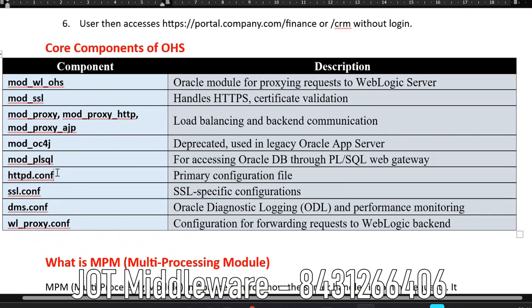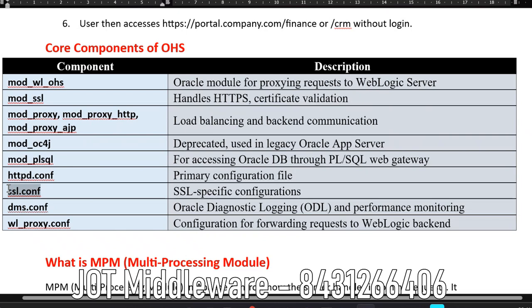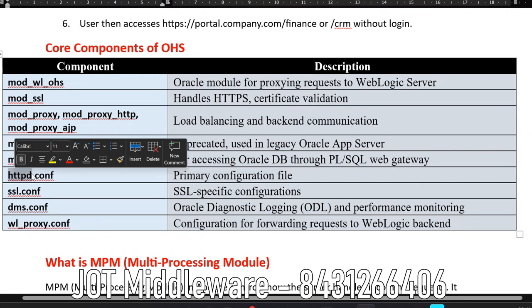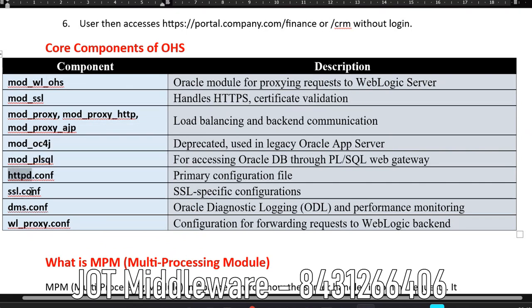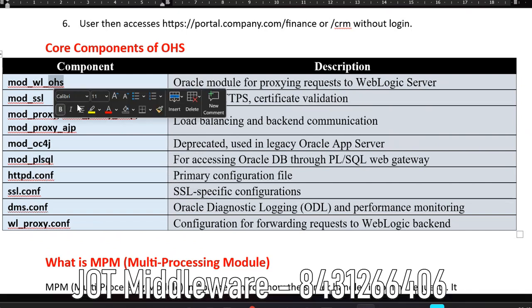httpd.conf. And in this httpd.conf, there will be references for other configuration files like ssl.conf or dms.conf or wlproxy.conf or mod_wl_ohs.conf. So this will have the references. With those references, it will load the appropriate feature that is required.